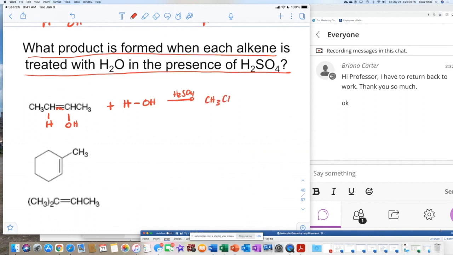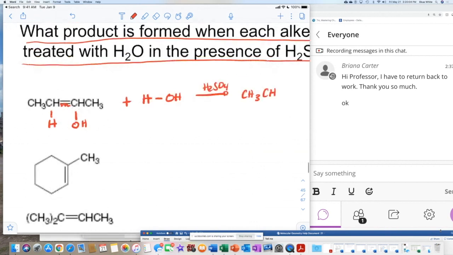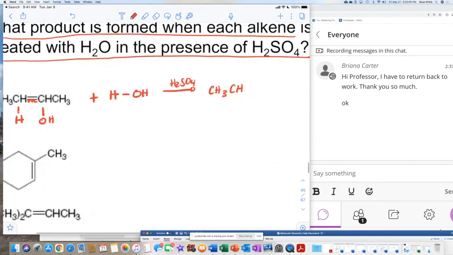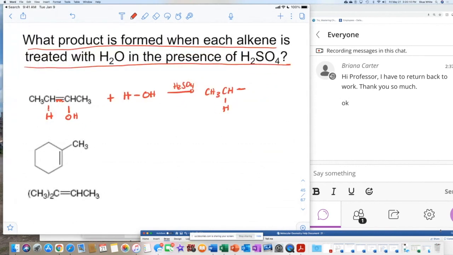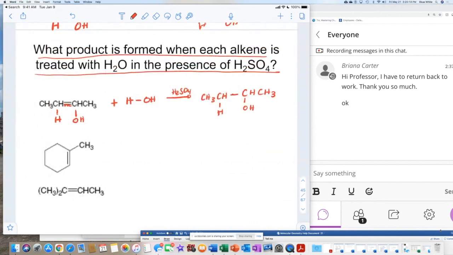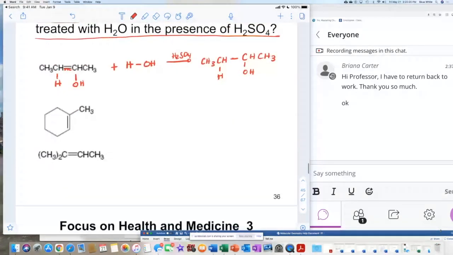CH3, CH, O. I can write it like this if I want to, because this actually makes more sense. Single bond to just show where changes happen, right? You can write it so many different ways. Addition reaction. This one here, plus H, OH, H2SO4.